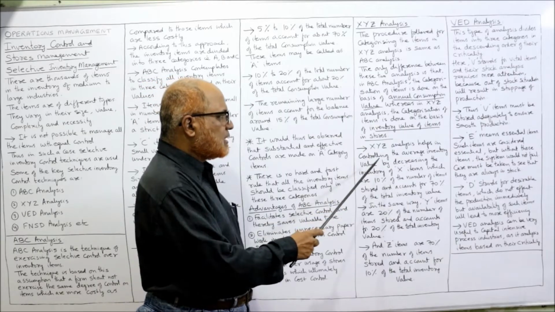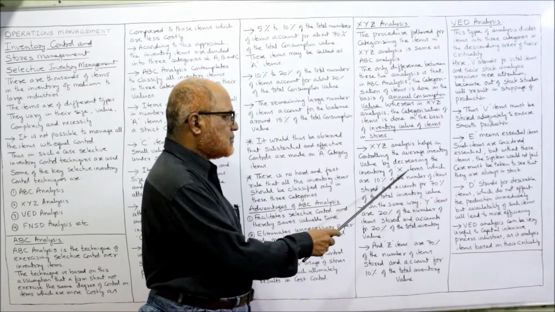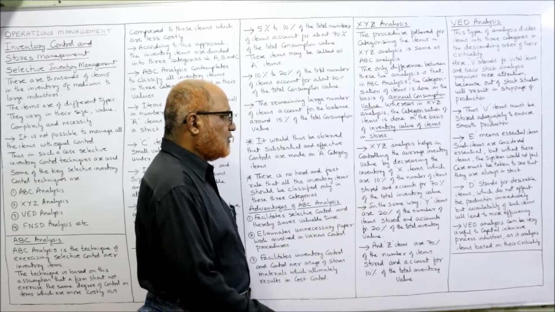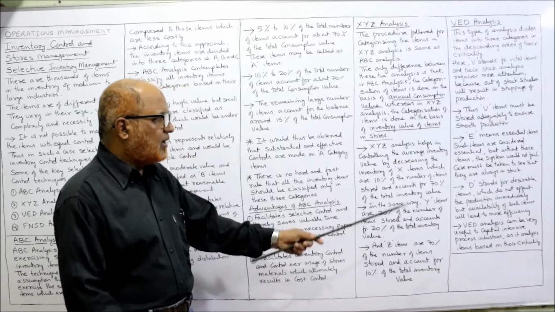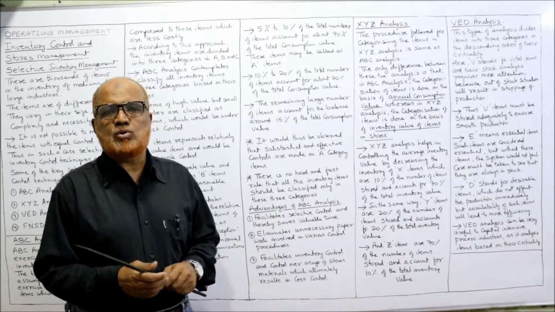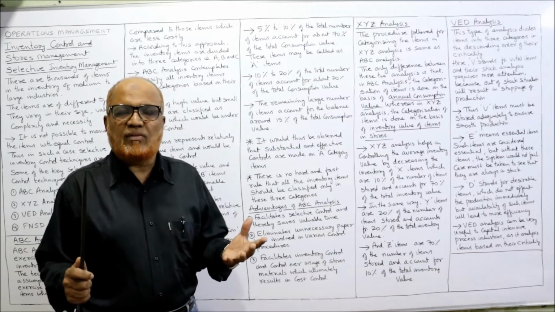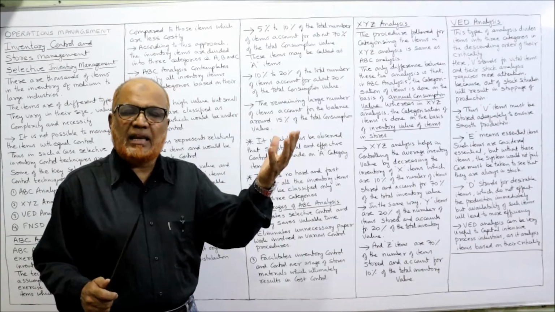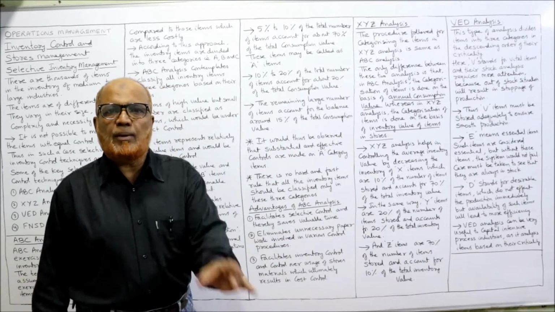XYZ analysis helps in controlling the average inventory value by decreasing the inventory of X items, which are about 10% of the number of items stored and account for 70% of the total inventory value. So in X category, we will take those items whose value is more. That means almost 70% of the inventory value in the stores, but account only for 10% in number.